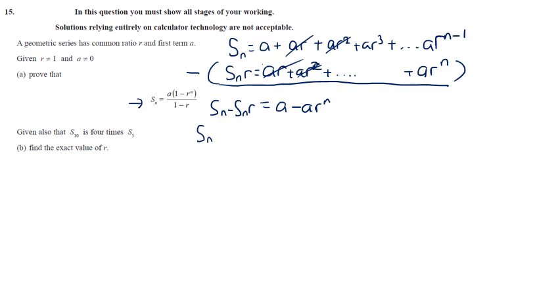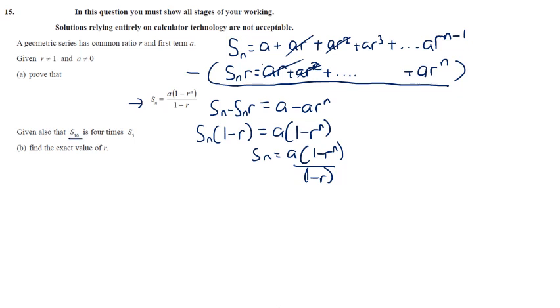Then it's just a case of factorizing both sides. The left hand side has a common factor of Sn, and the right hand side has a common factor of a, and then we just need to divide. Like so.